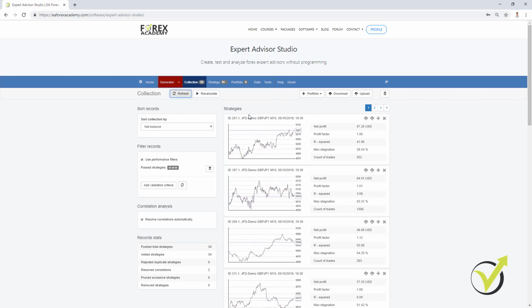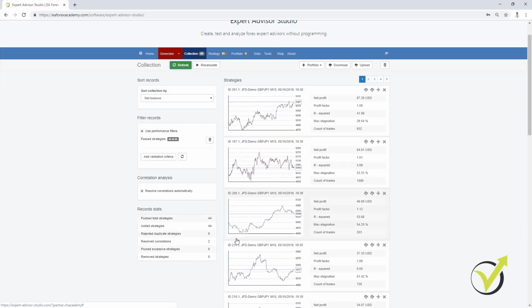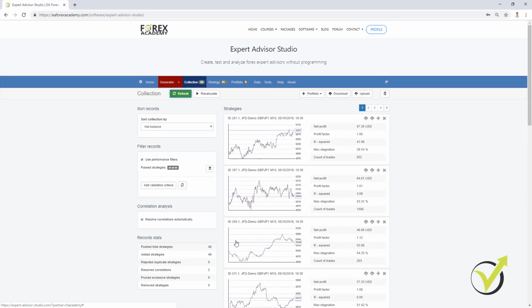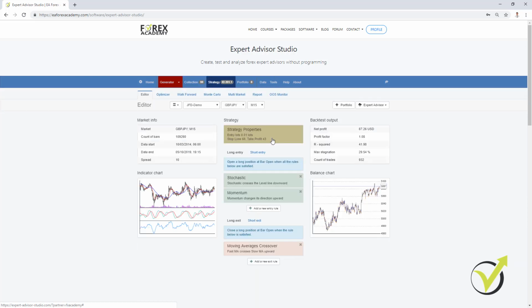If I click on refresh, the new strategies will show. So when we trade with a strategy, I will just pick any of those randomly. Alright, let's take the first one. You can see there are these huge drawdowns or stagnation periods in the strategy. So stagnation period is when in the balance chart the profit reaches one point, then for a long time it does not make better profit than this one over here.